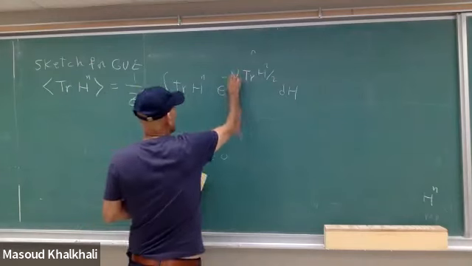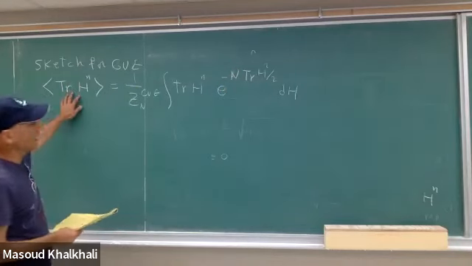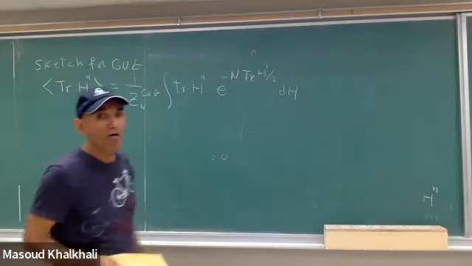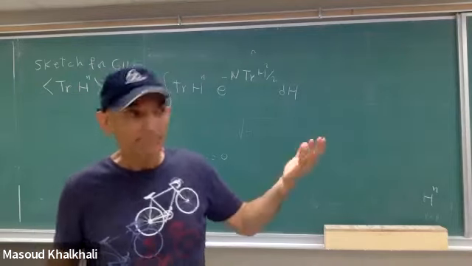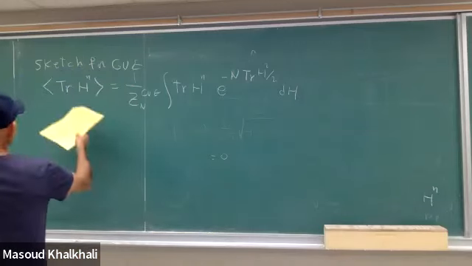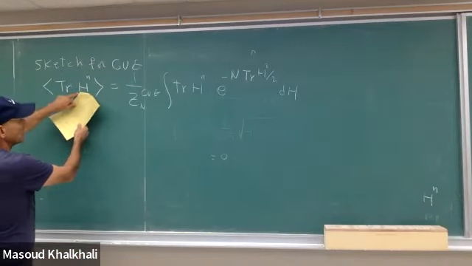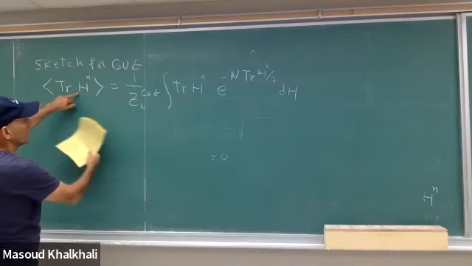So the question is, why are we looking at this? This is, of course, the nth moment of the mean spectral distribution of H, as I showed over there, right?